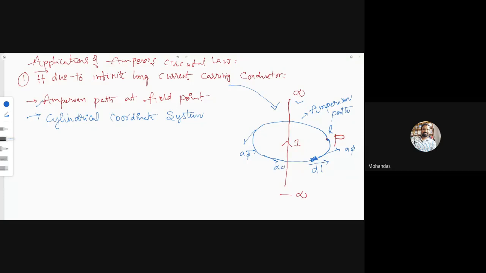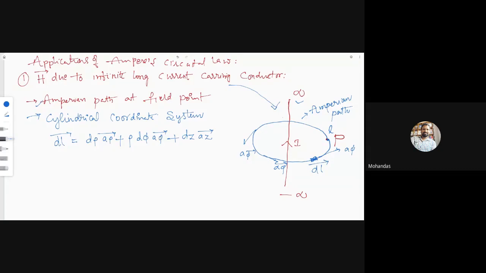It is changing only in the a phi direction. But in general, the differential length dl in the cylindrical coordinate system is d rho a rho plus rho d phi a phi plus dz az.